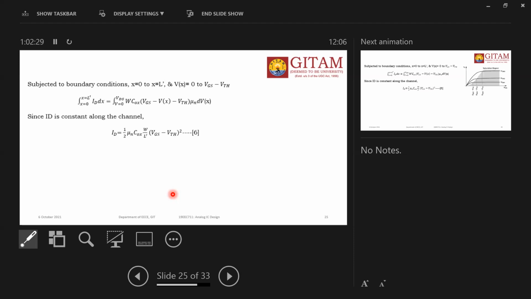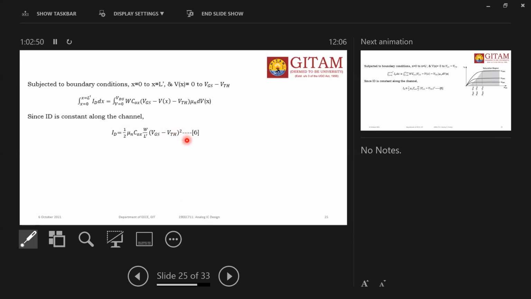I is equal to 1 by 2 mu COX W by L dash, the new length of the channel, into VGS minus VTH whole square. This is the current equation for the saturation region. Here, in the saturation region, can we find any VDS?